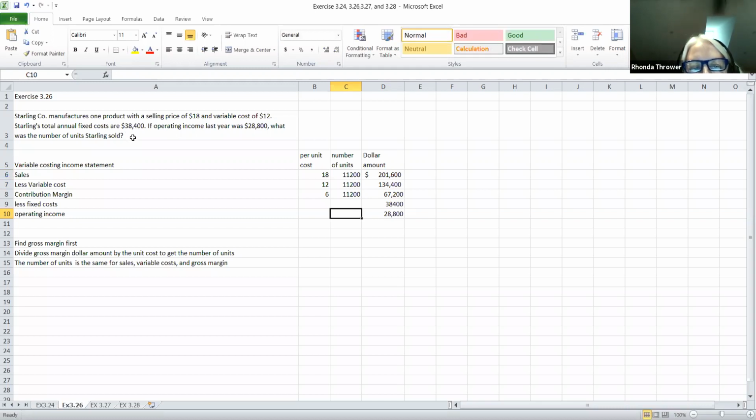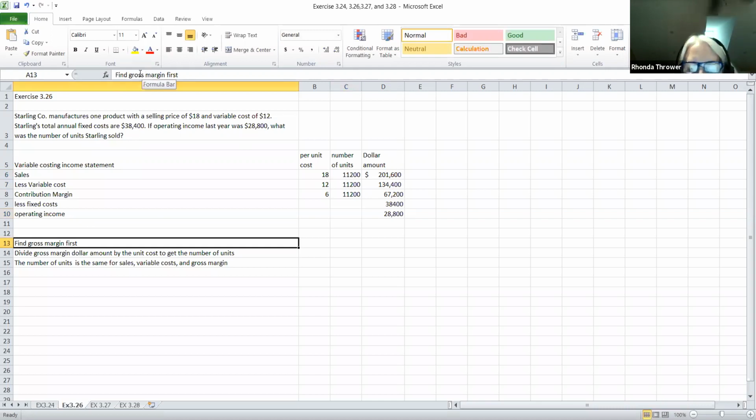So what they're asking you is, what is the number of units that Starling sold? The answer to that is 11,200. So you want to find your gross margin or your contribution margin first.